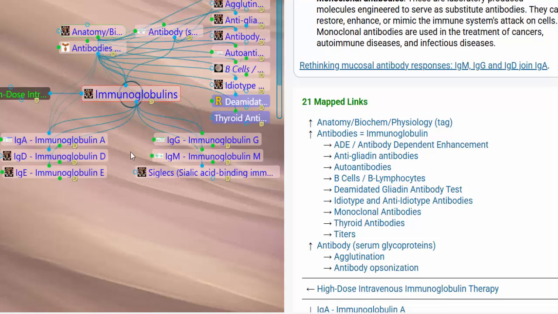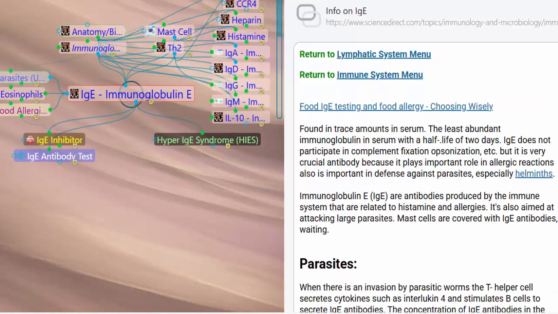We've already talked about IgA, and today we're going to talk about IgE, immunoglobulin E. It's found in trace amounts in our serum. It's the least abundant immunoglobulin in serum with a half-life of 2 days.